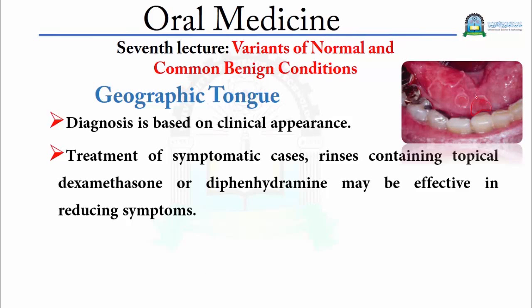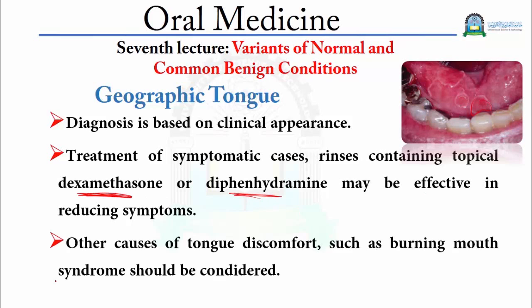Treatment of symptomatic cases: a rinse containing topical dexamethasone to reduce the burning sensation, or we can use diphenhydramine, a first generation antihistamine, which may be as effective in reducing these symptoms. So dexamethasone is a corticosteroid and diphenhydramine is an antihistamine. Other causes of tongue discomfort such as burning mouth syndrome should also be considered.